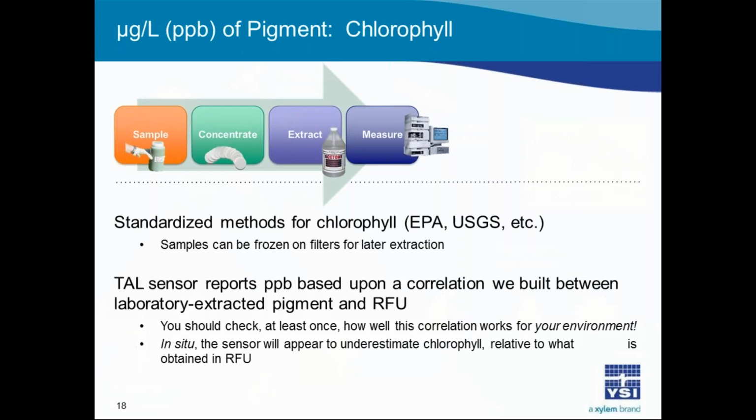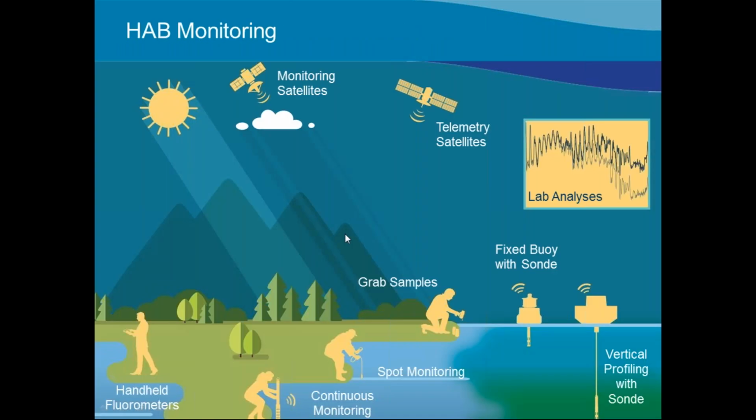So let's pull some of this together: how you can use the sensors with other monitoring tools. This is a graphic that we used in the last webinar, and we talked a lot about all of these different things. I'm going to talk to you briefly about monitoring satellites that are very useful now for what we call forecasting.